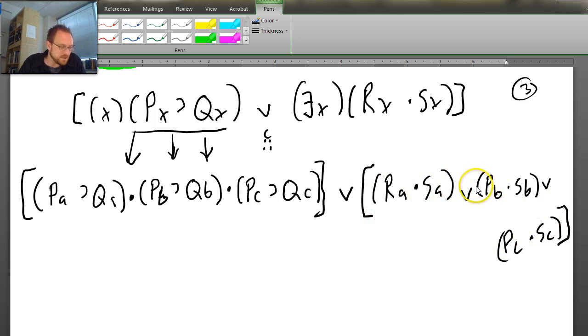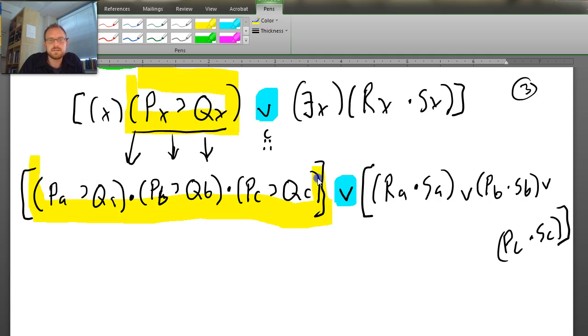So you end up with this sort of statement here. So notice I carried down my disjunction, but then this whole thing here got moved to here. It got translated like that, and this whole thing got translated here.